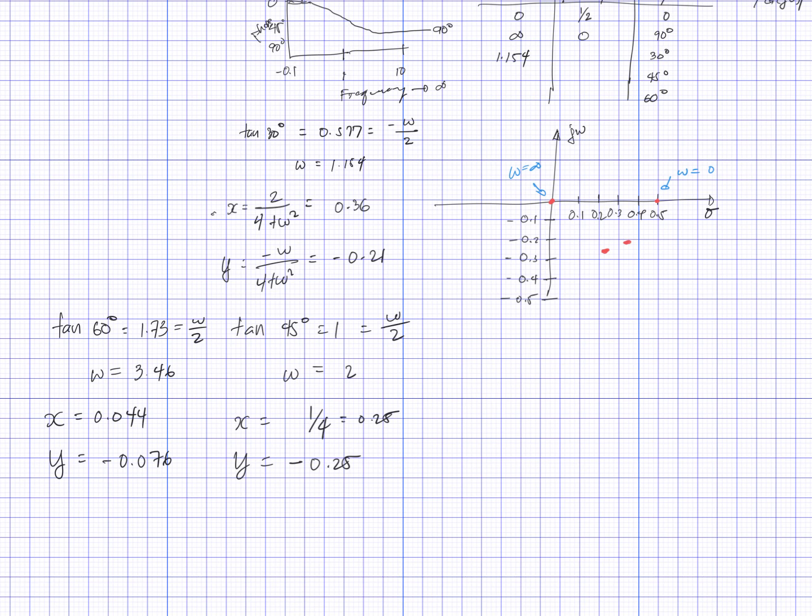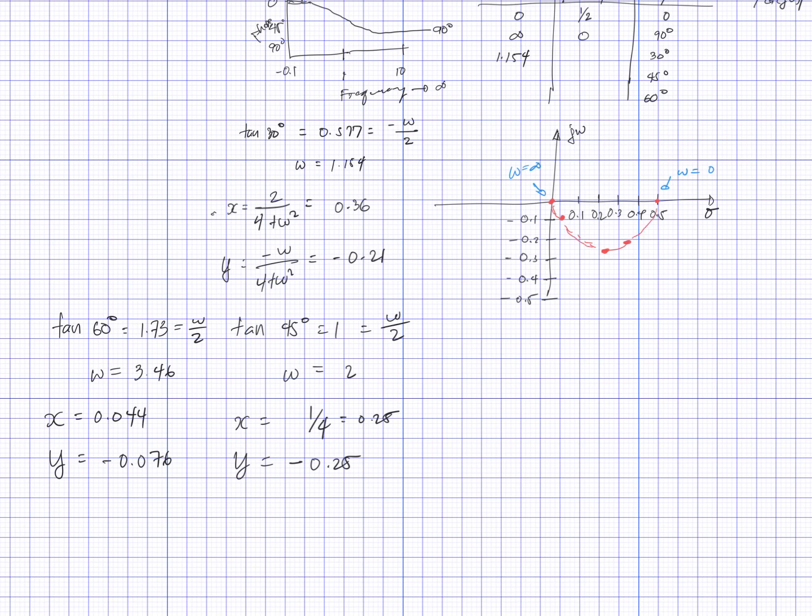So 0.044 and 0.076, that's about right here. And so if we connect now, we could guess the shape, and the shape will be kind of this half circle right here.